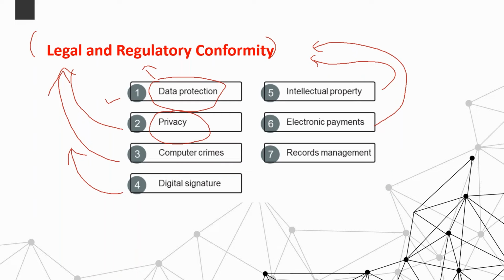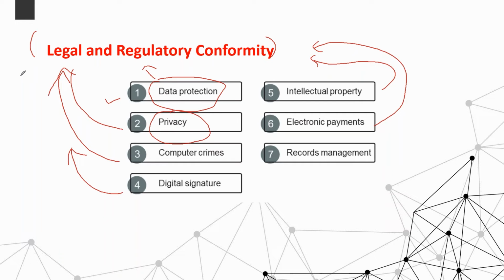Now, when we are talking about a transaction, it's again an electronic payment. That particular website or organization is storing the information of your card. Under what legal and regulatory laws are they storing the information? Is it safe to do a transaction or not? So identify those things.